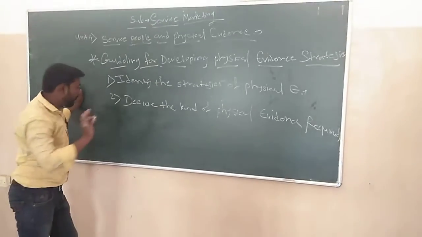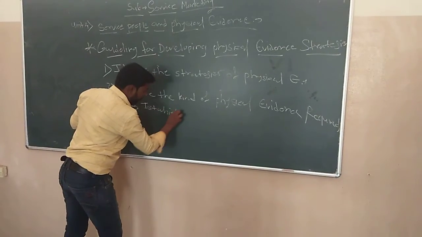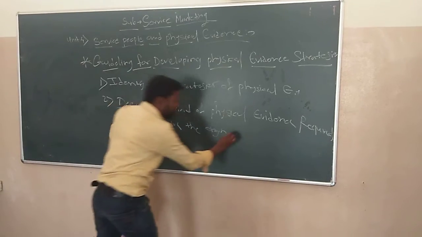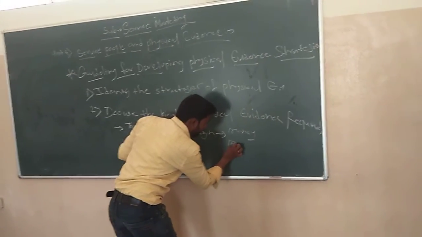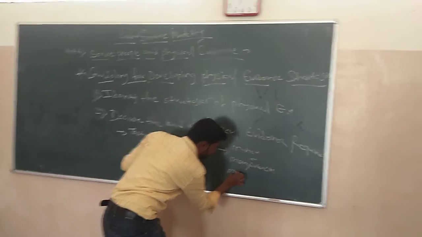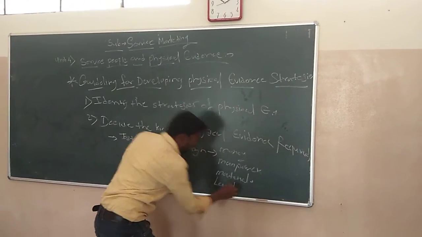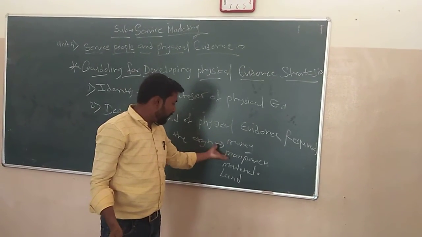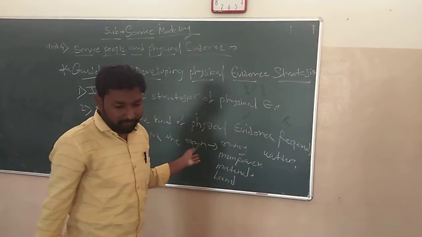So, establish the organization. An established organization depends on money, manpower, material, land, and water, related to the kind of physical evidence.